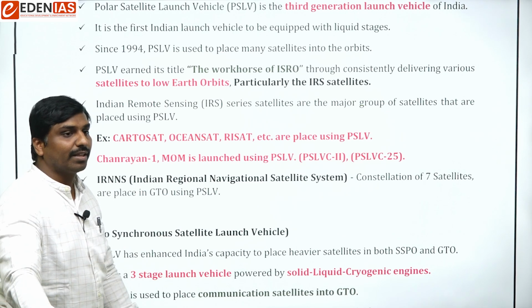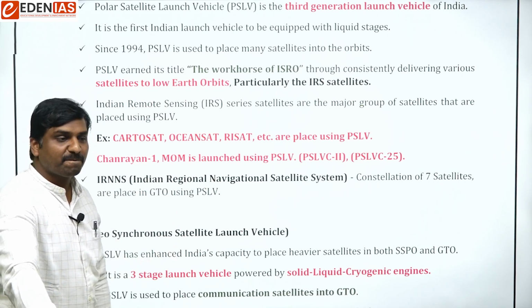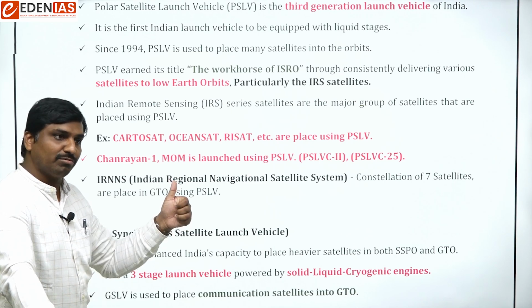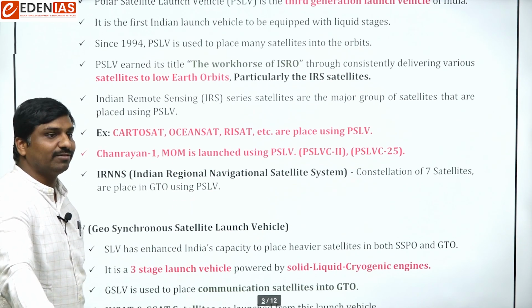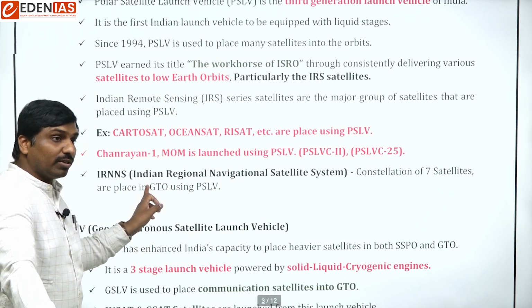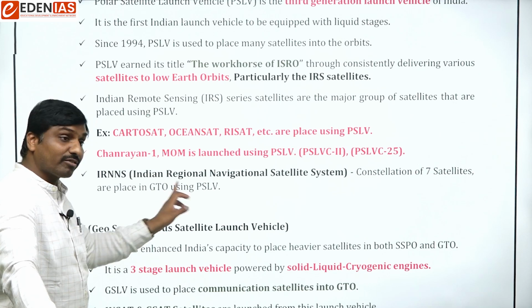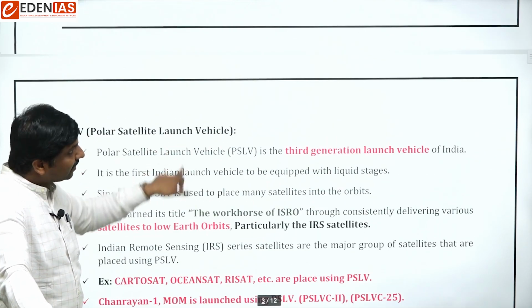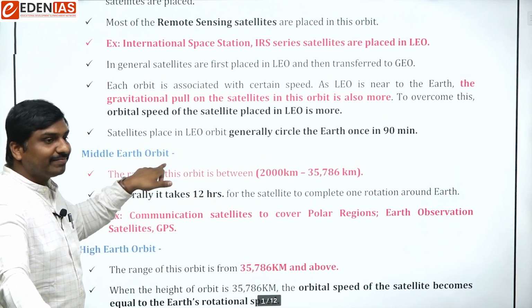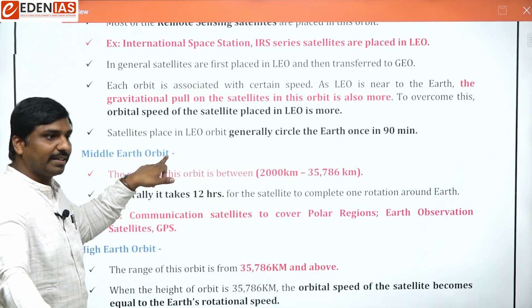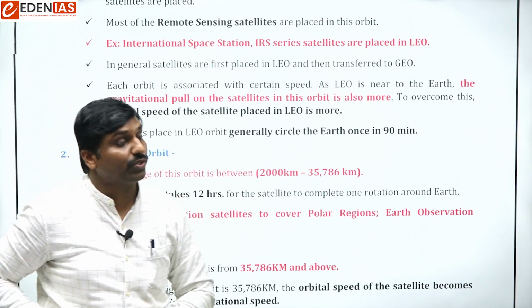We said GEO was one thing, and polar orbit was one thing. And what is GTO? Geosynchronous or geostationary transfer orbit. Now you see, what is a transfer orbit? It is a middle Earth orbit. Can you understand that? GTO means geostationary transfer orbit or geosynchronous transfer orbit.